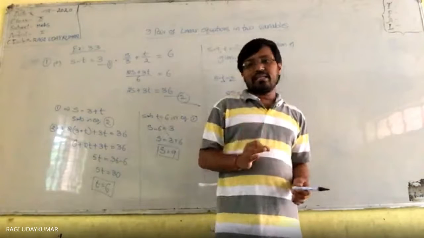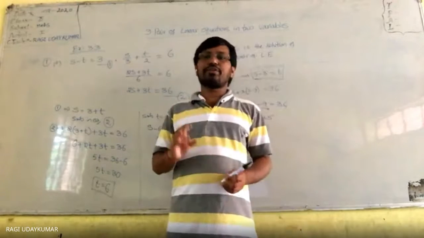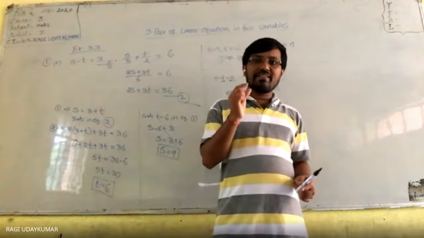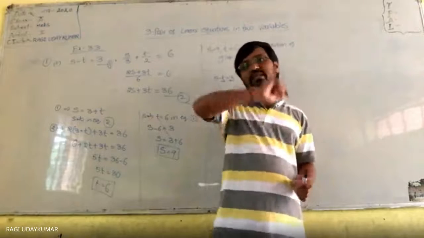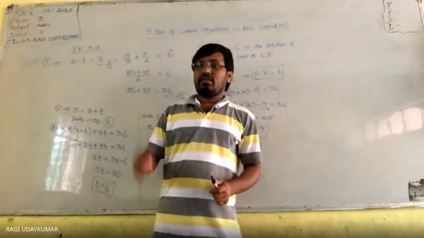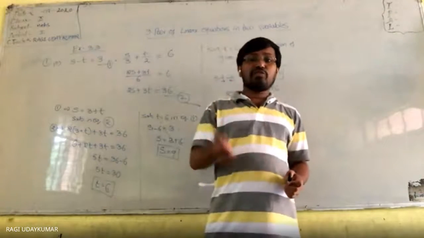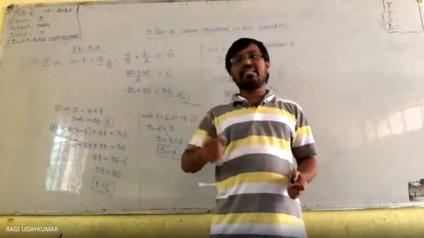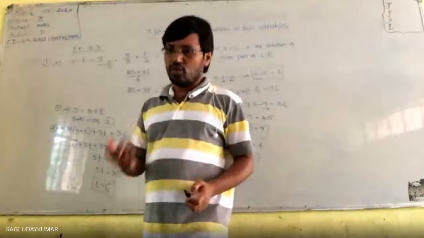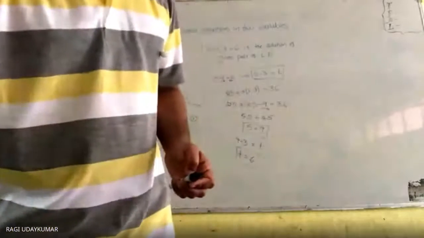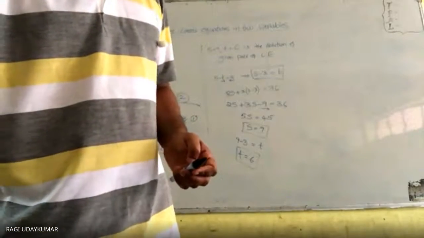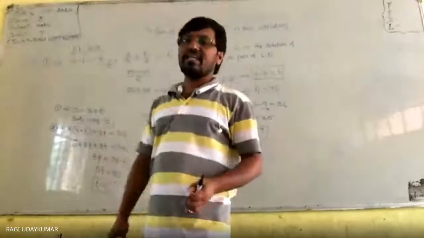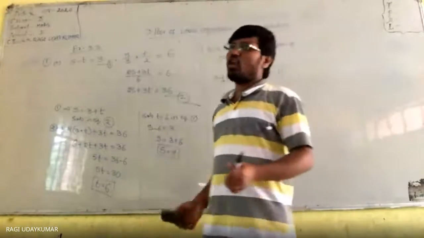The better thing is to express the variable which has the coefficient 1 or minus 1 in terms of the other variable. Sir, if there is no chance to get like that, what to do? Then you may get errors. If you don't have any chance like that, then normally you can proceed.